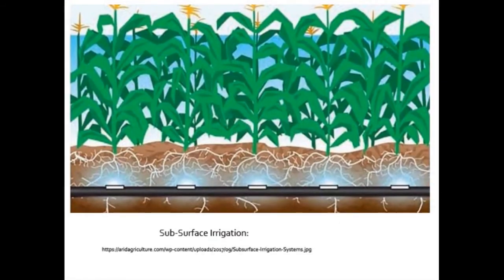Now we will proceed to the advantages and disadvantages of the subsurface irrigation method, and firstly we will go through the advantages. The advantages of the subsurface irrigation method are that there is minimum water requirement for raising crops, and this method is suitable for most of the crops. Likewise, there is minimum evaporation and deep percolation loss, and the yield of crops is high.